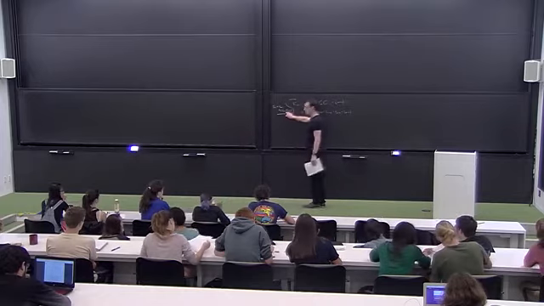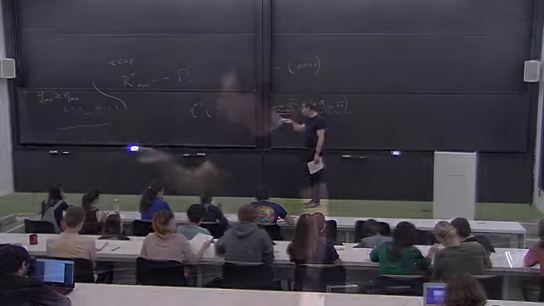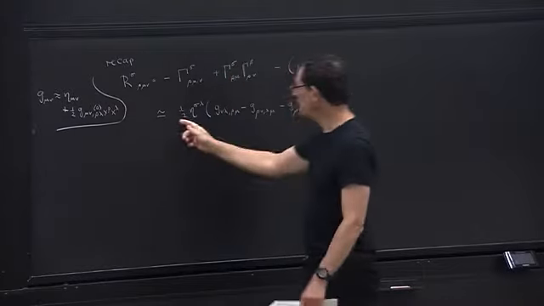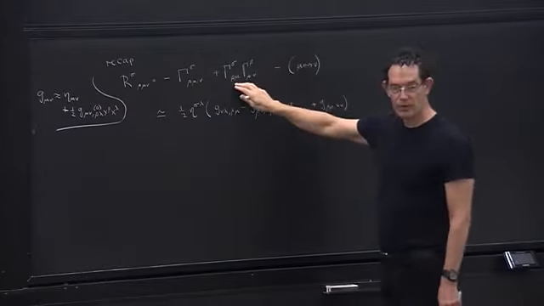We can always go to this coordinate system at any point. We can choose that point as the origin, go to a coordinate system in which this is true, and then we can drop the first derivatives of the metric, right?